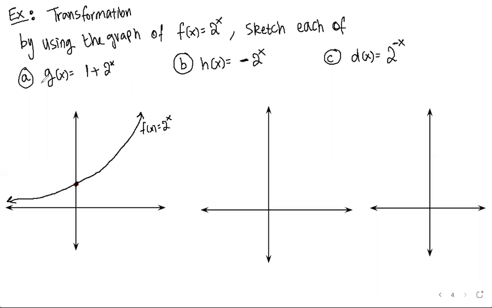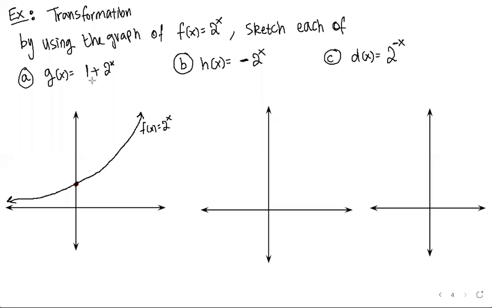For the first one, they told me to graph g of x by using the transformation. What does 1 plus 2 to the x mean? One plus 2 to the x means I have to grab the original function, then shift it 1 unit up.